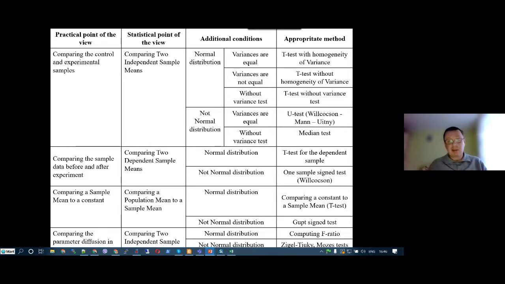For comparing control and experimental samples, we have an extra test for variances, but we can bypass it, and we come to only one appropriate method. Again, why so complex? Because all these statistical hypothesis testing methods are, in fact, if you refer to a statistical textbook, just formulas. So with data, formulas and a spreadsheet, we can calculate a result without any problem.